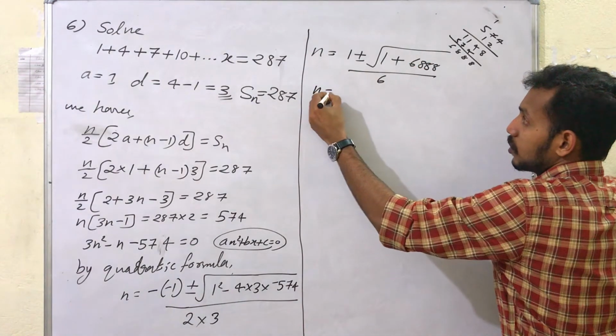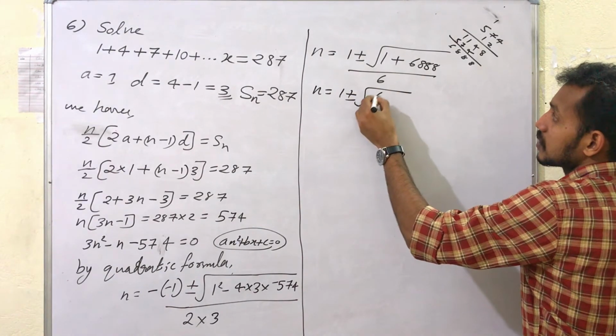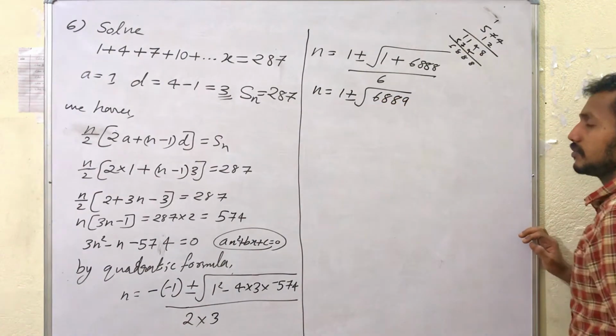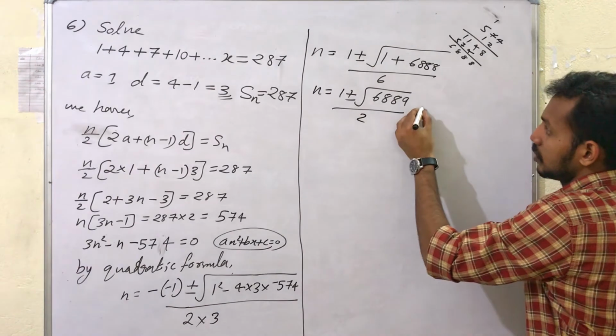That is n equal to 1 plus or minus root of 6,889, divided by 6.